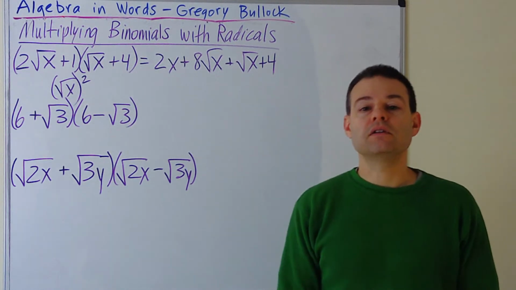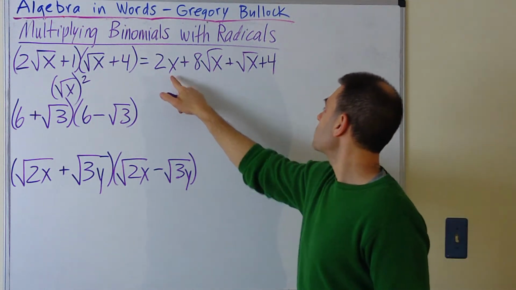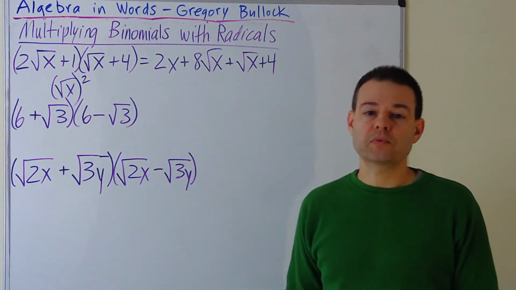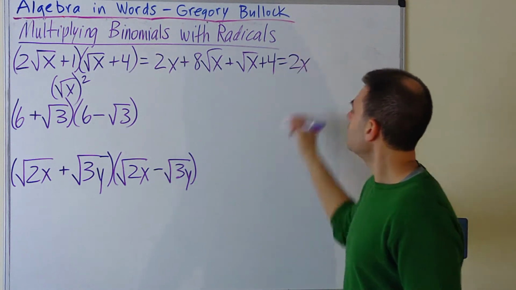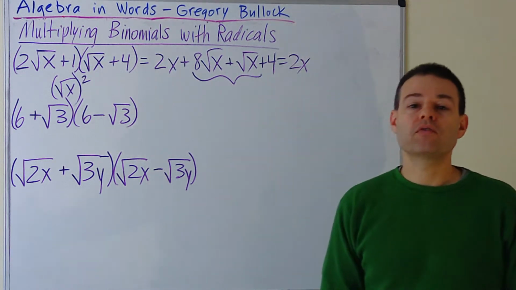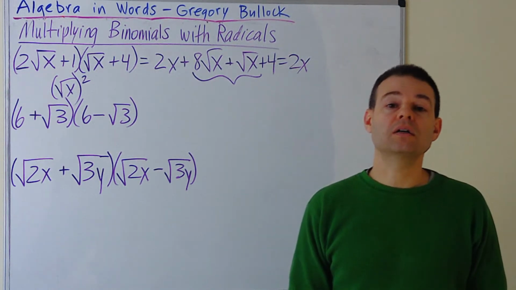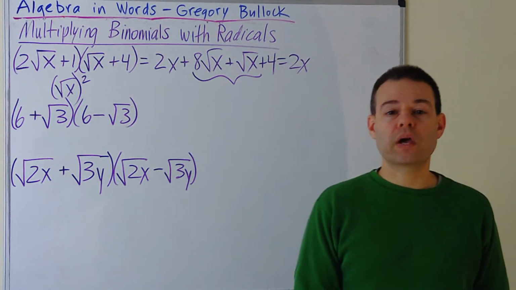But now let's look and see if we have any like terms. Well, we have 2x, and there's no other like terms with that, so we'll leave that as 2x. But what about the middle terms? If you remember from the last video, these are like radicals, so they're like terms. They are both square root of x.